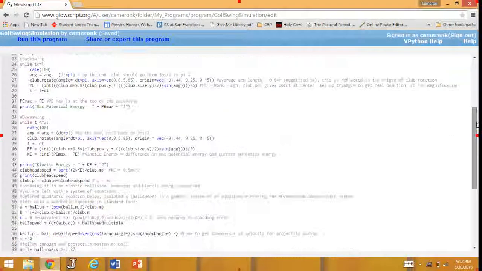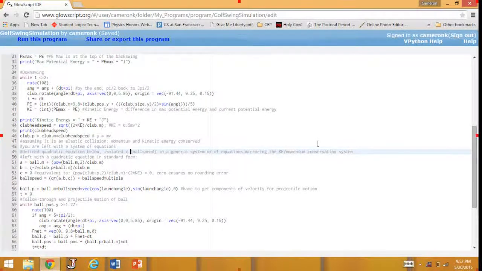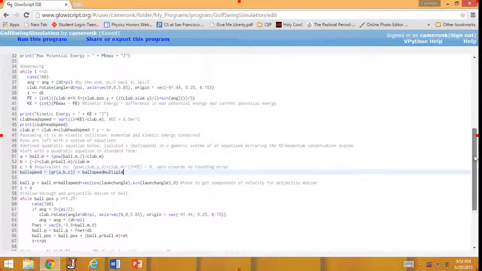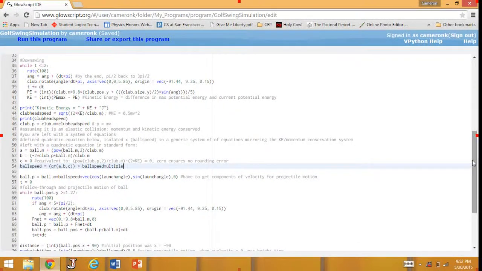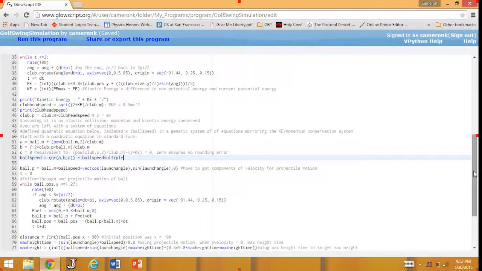As I mentioned before, since this simulation does not take into account force generated by the golfer, because it's just a circular rotation and energy conservation, it does not create a realistic ball speed for a realistic golf swing. So I have to multiply it by a ball speed multiple, so you get a flight of a golf ball which is comparable to an actual flight.